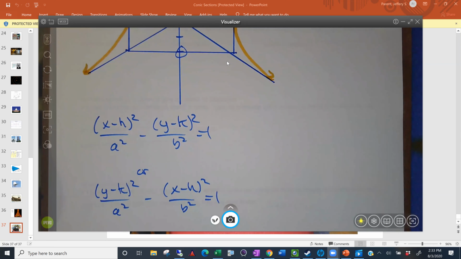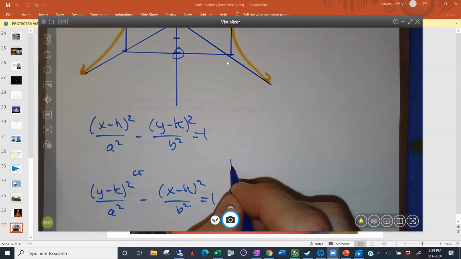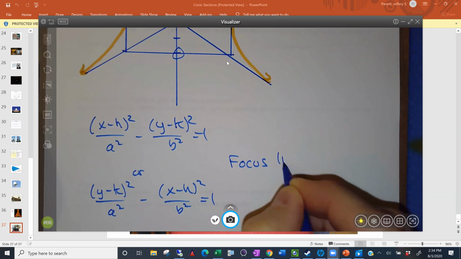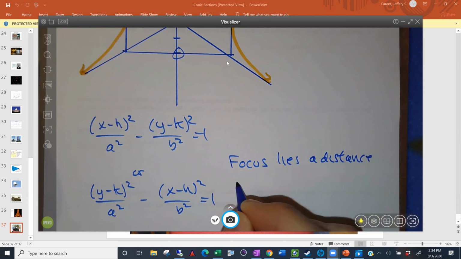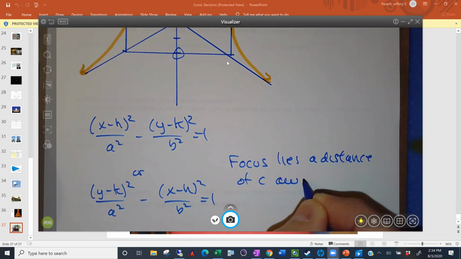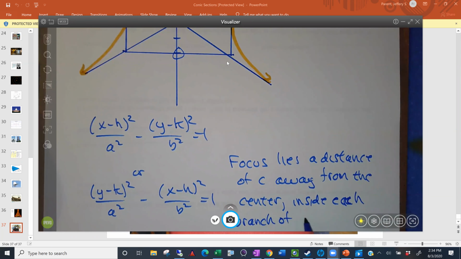Both of them have the same center at H and K. But the focus lies a distance of C away from the center, inside each branch of the hyperbola.